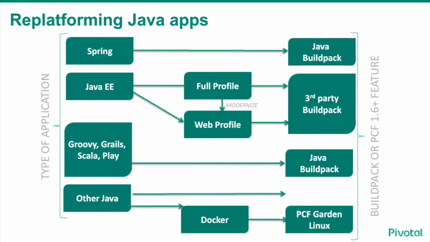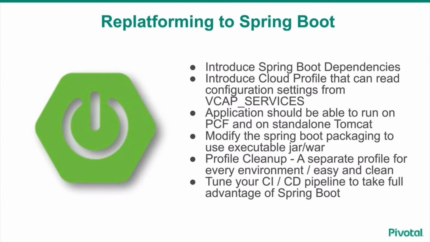And then with Spring Boot, we've worked hard to make that very easy. You can use the dependency management that's built right into Spring Boot with Starter Maven POMs and Maven or Gradle. There's a cloud profile that helps keep your environment variable settings nice and cleanly separated and very Cloud Foundry compatible.